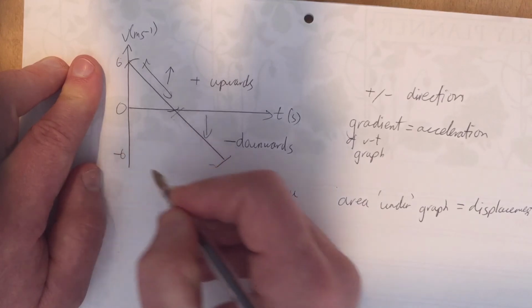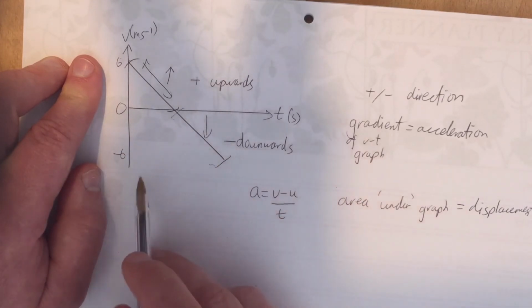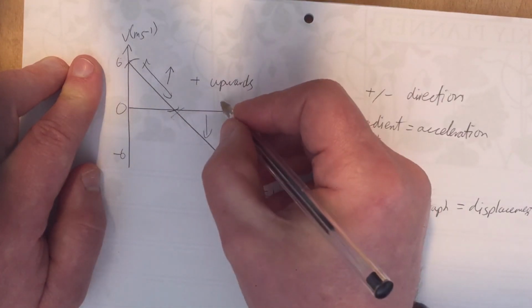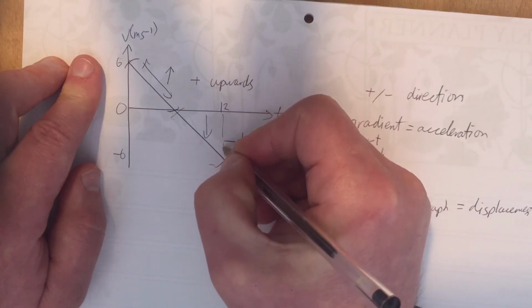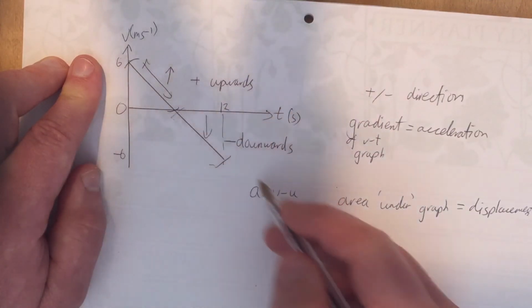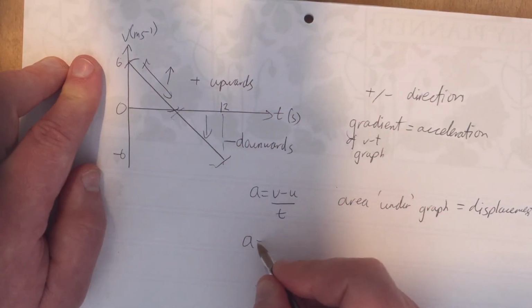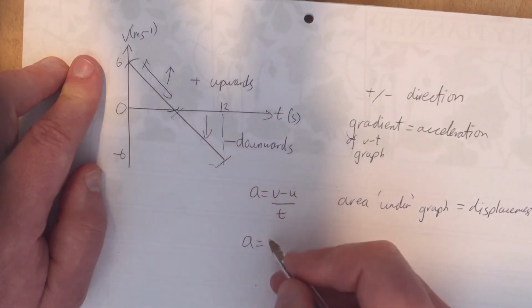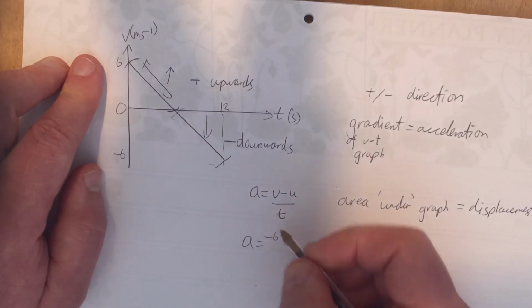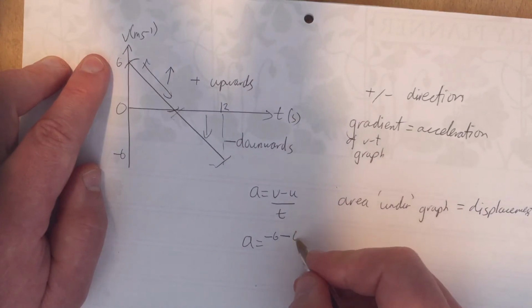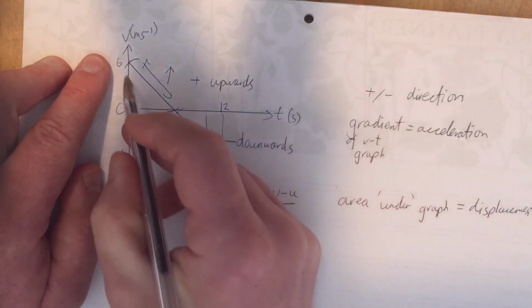Let's say this is -6. And let's say I was trying to calculate the acceleration of this entire journey over 12 seconds. I would do a equals -6 minus 6, because this is 6 up here, divided by the total time.